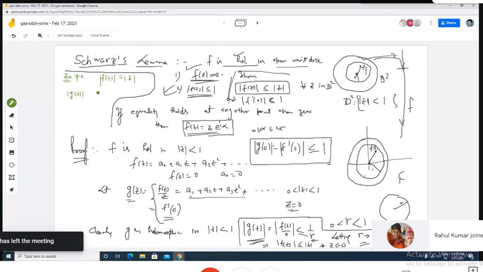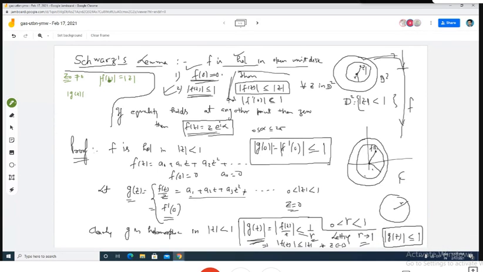So modulus of g(z), maybe you can take this z0. So what about this g(z0), which is equal to f(z) upon z, so this must be equal to 1, right?